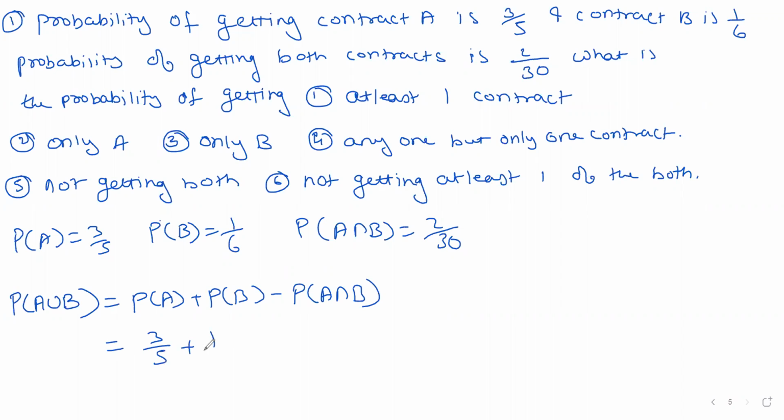3 by 5 plus 1 by 6 minus 2 by 30. 18 by 30 plus 5 by 30 minus 2 by 30. Cross multiplication. 21 by 30 is your answer.